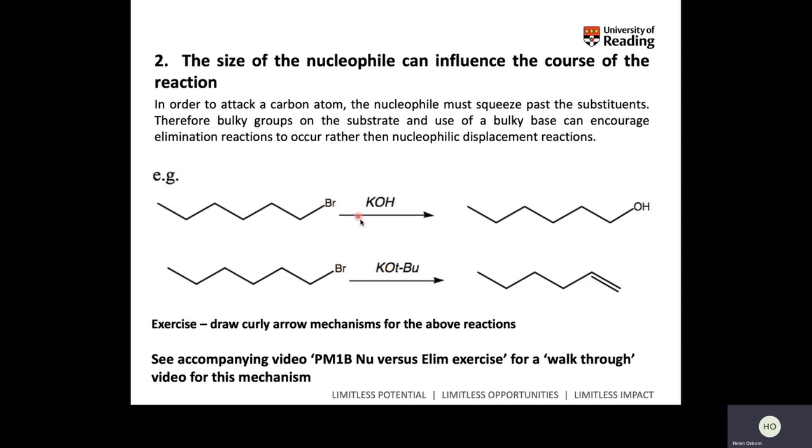So if we were, for instance, to have something like potassium hydroxide, this has got a small counter ion, K+. This would then be OH-. If we compare it with this case here, again we'd have K+, and here we'd have O-t-butyl-.